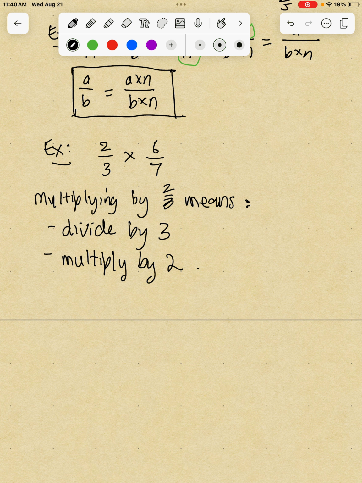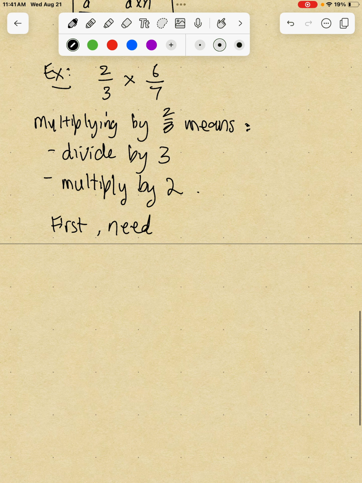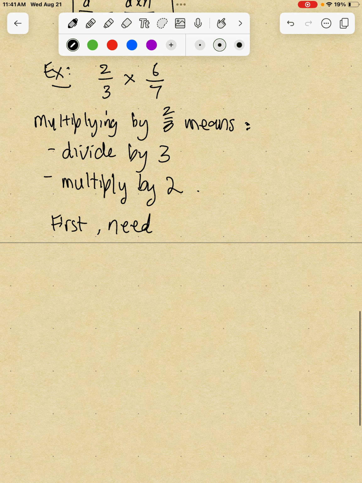So this means first we need to divide 6/7 by 3. In other words, we need 1/3 times 6/7. And this is equal to what?